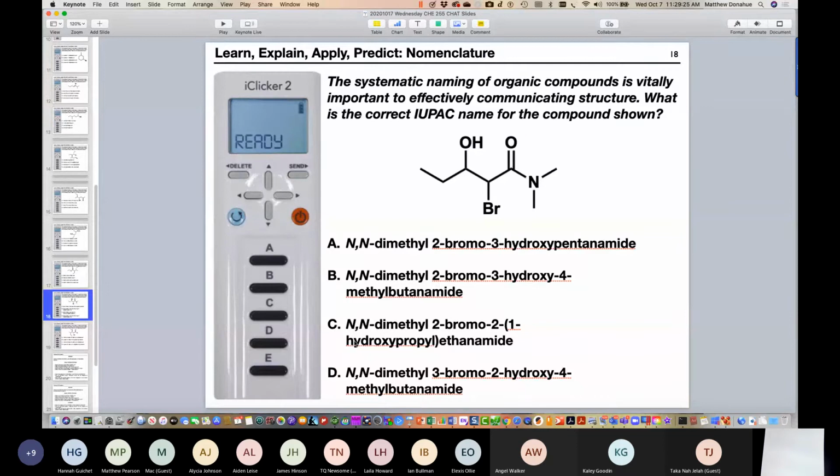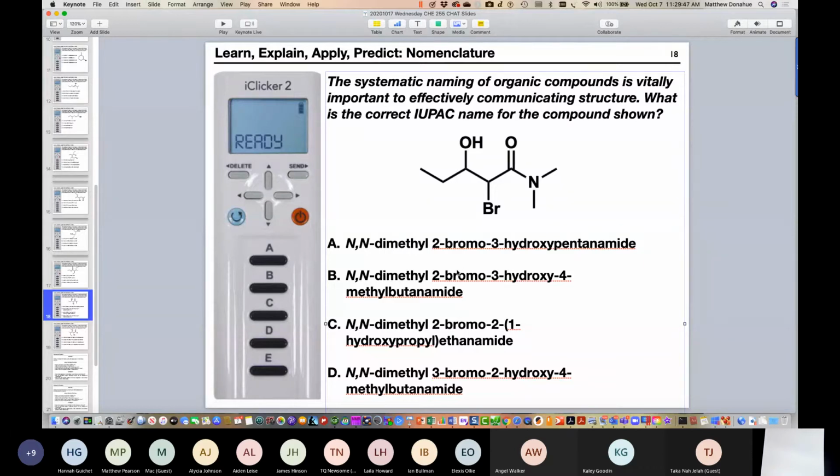Choices B, C, and D all have a fatal flaw in the sense that they're shortening the longest chain and then adding an extra group or groups as substituents. So let's understand why, say, choice B is wrong.